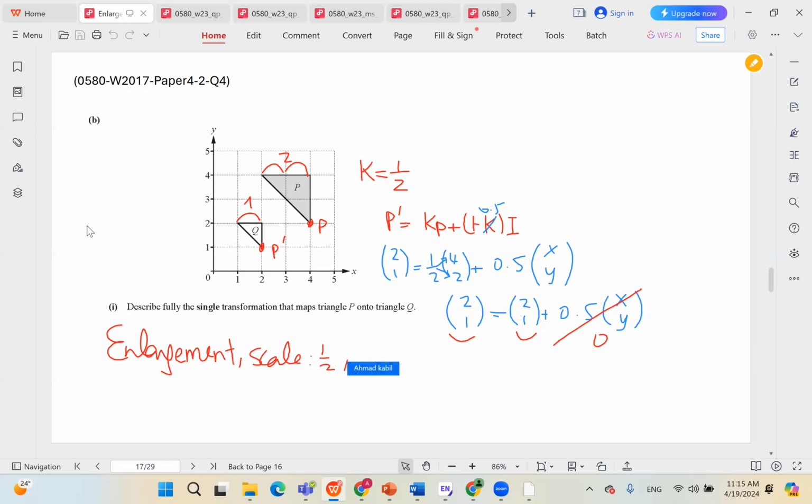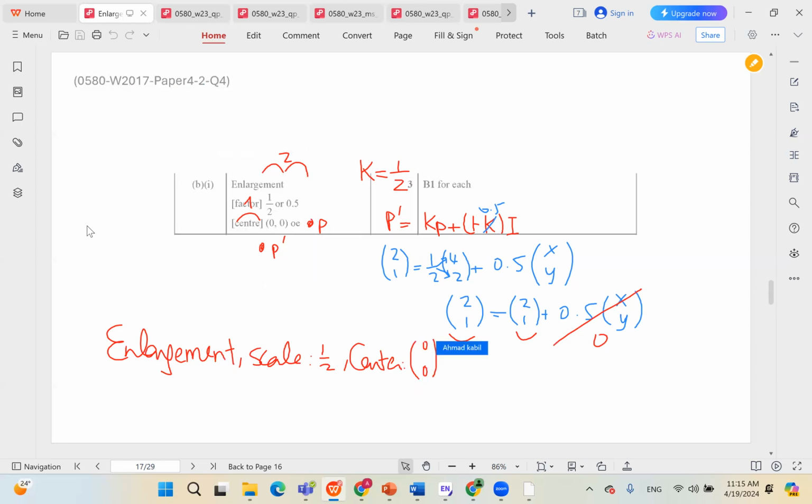And the center is basically 0 and 0, or center origin. So enlargement, scale factor half, and center 0, 0 are the correct solutions. You should write it as a point, not as a vector, excuse me. Or you can just write center origin, that will be correct as well.